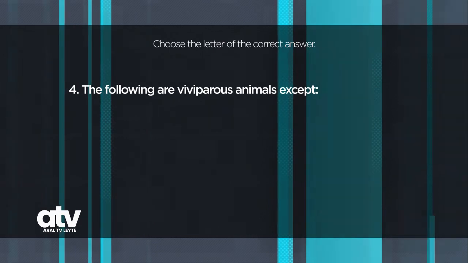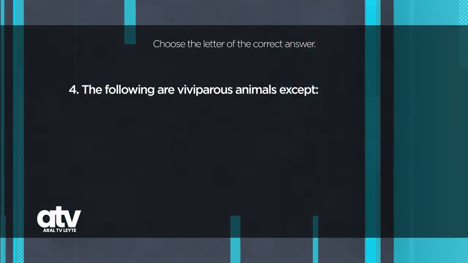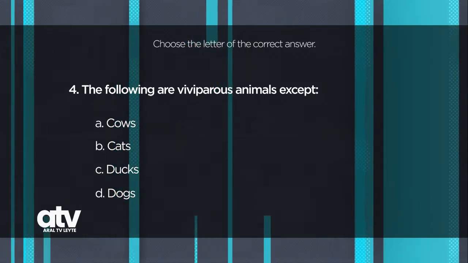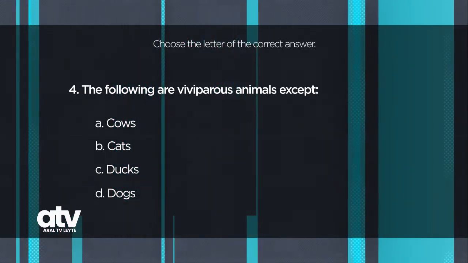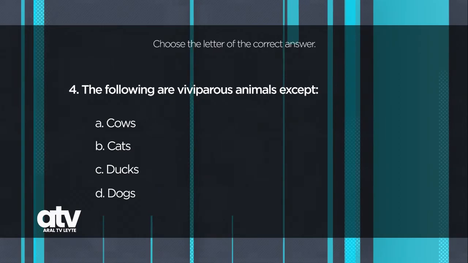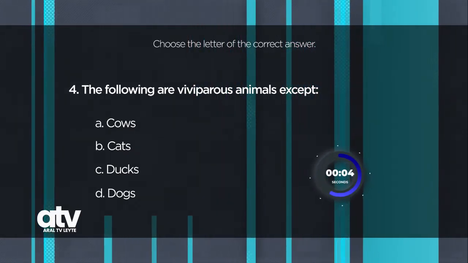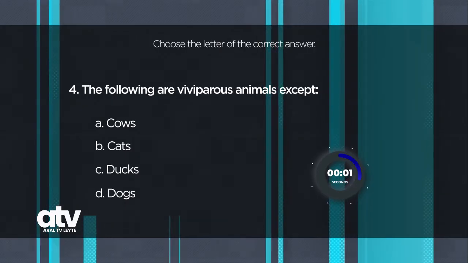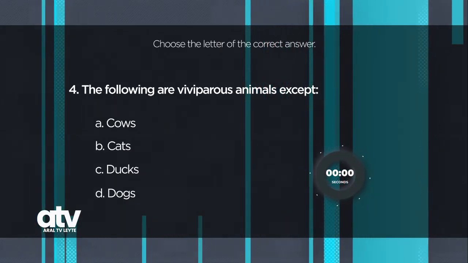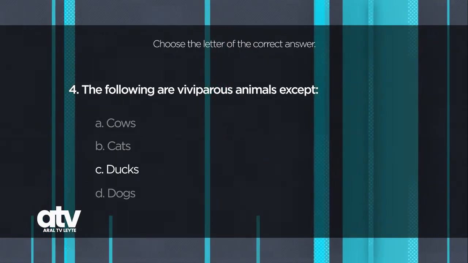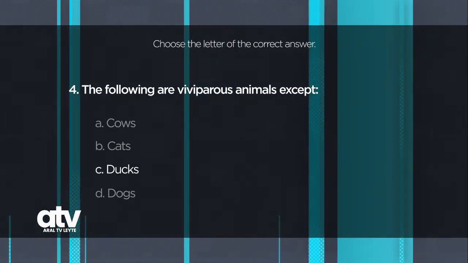Number 4. The following are viviparous animals except A. Cows, B. Cats, C. Ducks, D. Dogs. The correct answer is letter C, ducks.